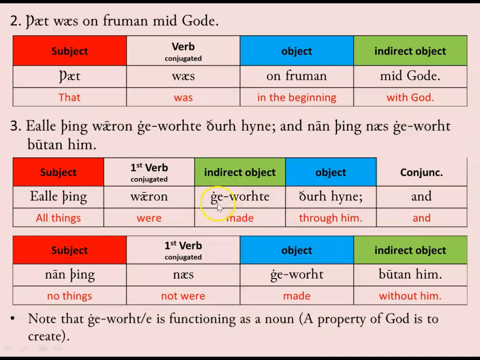And the clue there is that if you have a look here, this has got an E on the end, and this hasn't. This is looking like it's taking the dative form, hence the indirect object. A dative noun would have the E on the end, and here no E on the end, suggestive of the accusative form.